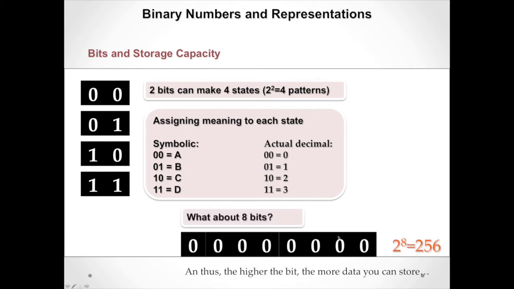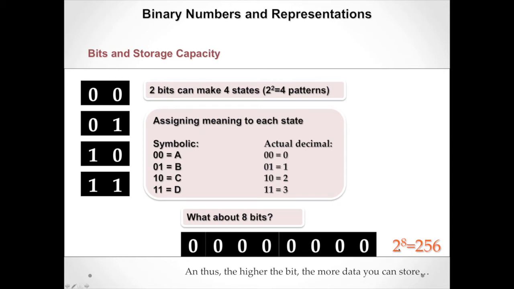So 8 bits, let's have a look. With 8 bits, 2 to the power of 8 is 256. So this means that you can have a combination of 256 patterns. And 256 patterns is definitely more than the number of keys you have on your keyboard.